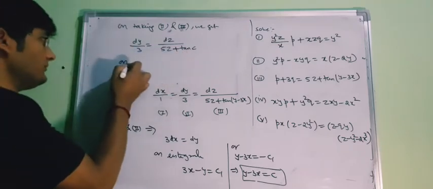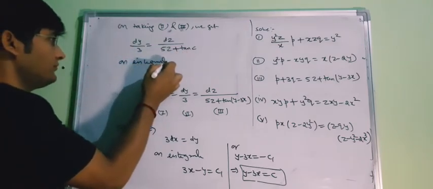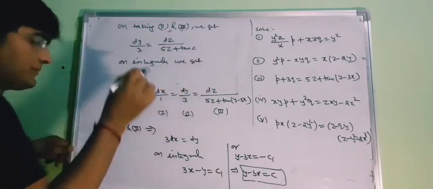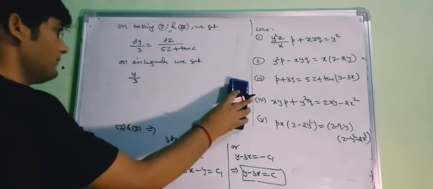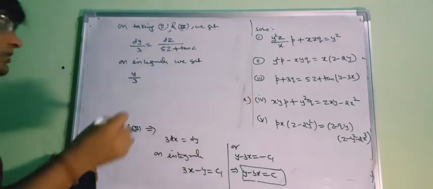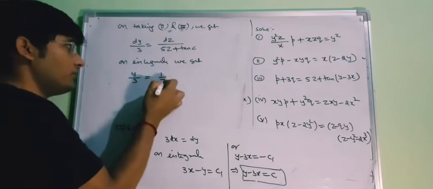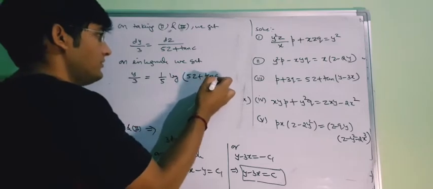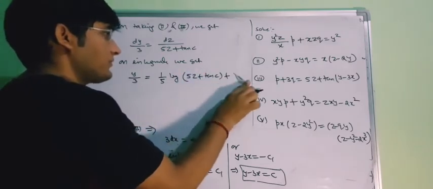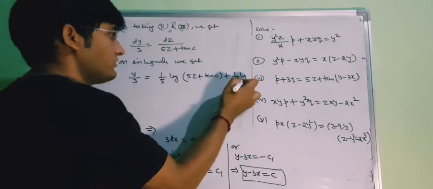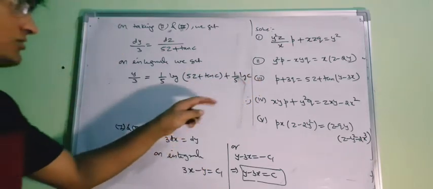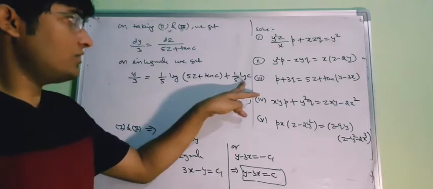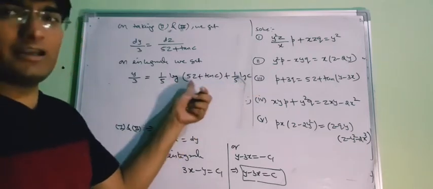So on integration, we get y upon 3 equal to, the integration of dz upon 5z plus 10c will be 1 by 5 log of 5z plus 10c, plus some constant of integration, say 1 by 5 log c1. We can take any constant depending on your choice. So here I am writing it as 1 by 5 log c1 so that we can combine these two terms.